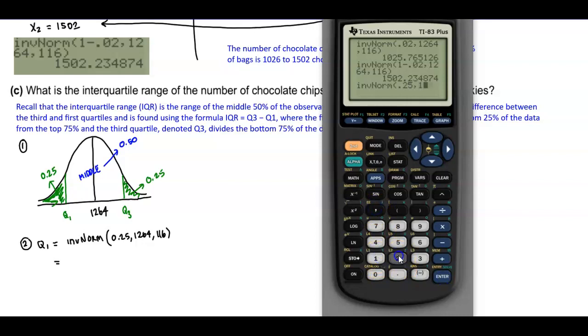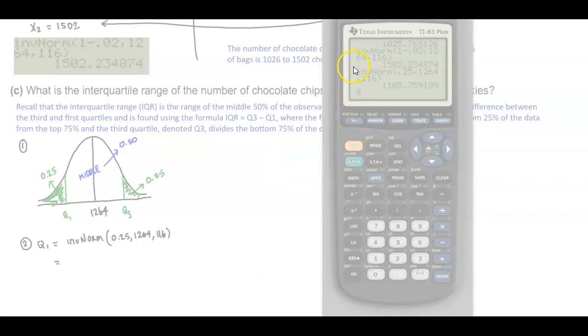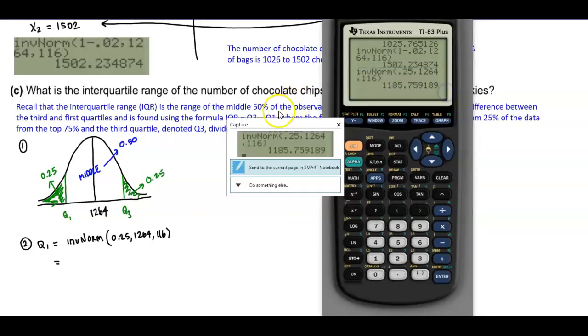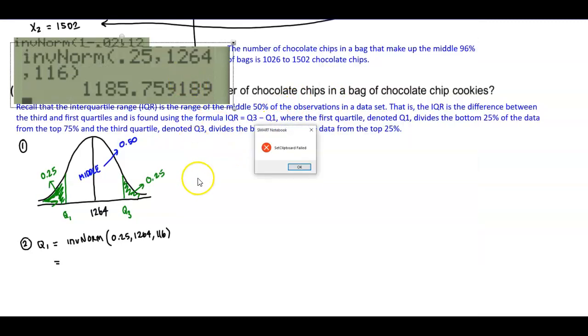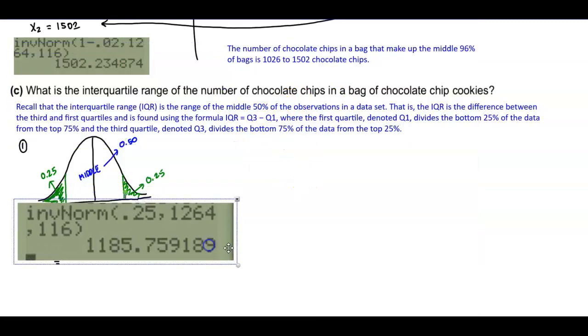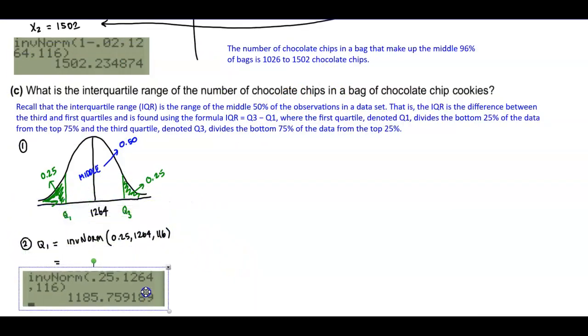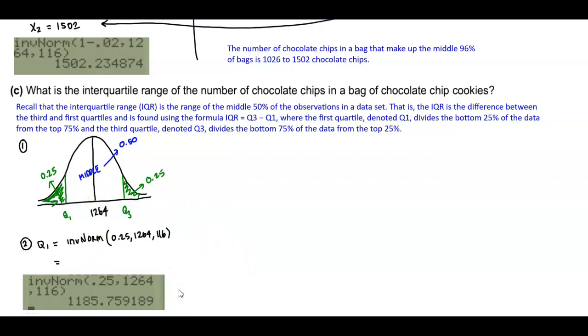We know that it's 1264 for the mean and then 116 for the standard deviation. And so we're going to round that to the nearest whole number. So therefore Q1 is going to equal 1186.